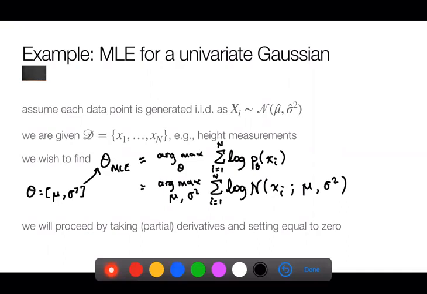And how do we actually solve this? Well, we take partial derivatives with respect to both mu and sigma squared, and then set those equal to 0. That's the way we're going to solve this, so let's go ahead and try to do that.